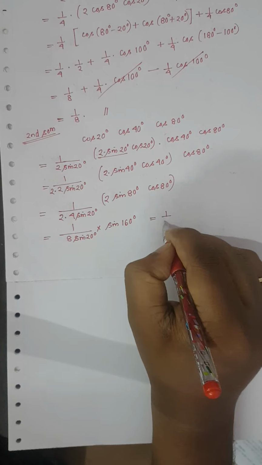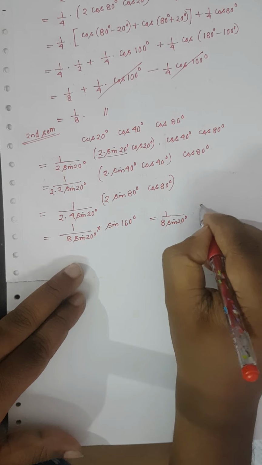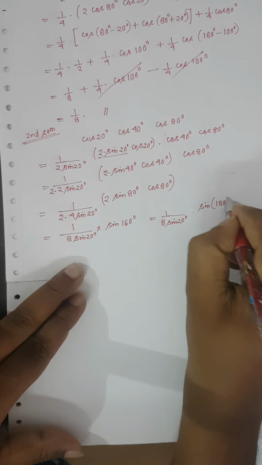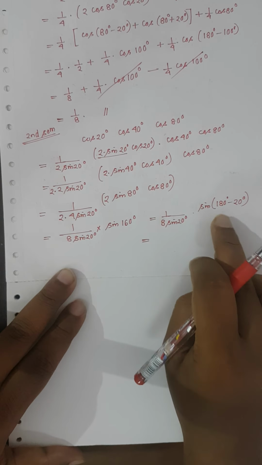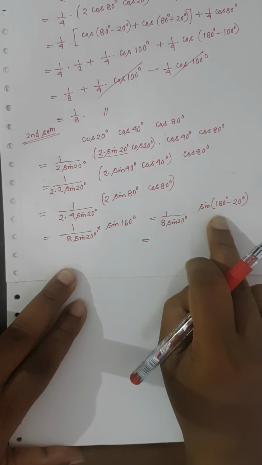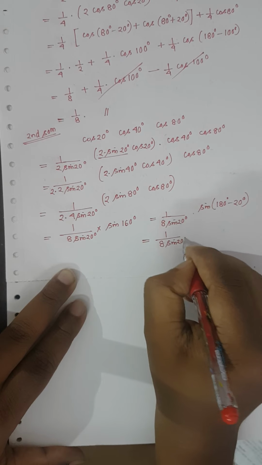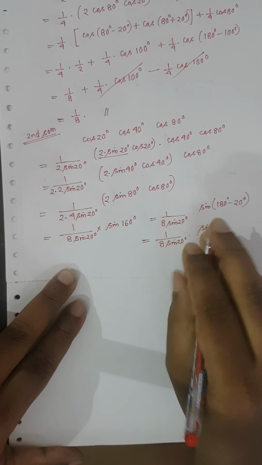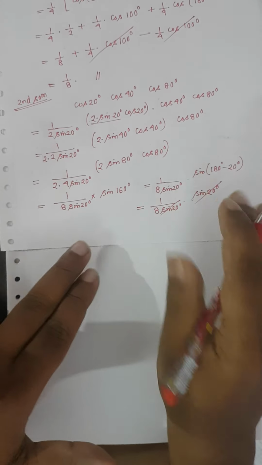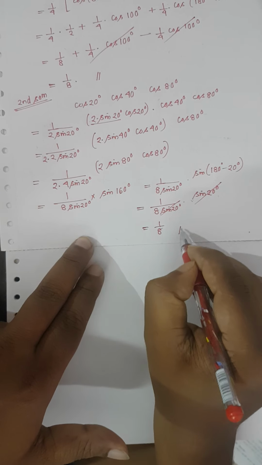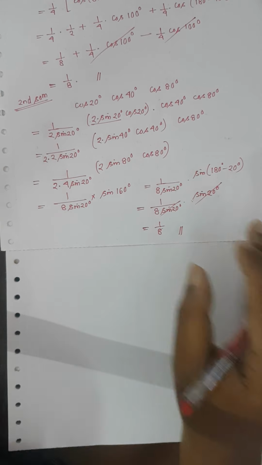It can be expressed as sine of 180 degrees minus 20 degrees. We know in the second quadrant sine is positive. This is 180, that is 2 into 90, so sine remains the same. It is 1 by 8 into sine 20 degrees. What is sine(pi minus theta)? It is sine theta. So it is the same. So your result will be 1 by 8. So this is also a very good solution for this question.